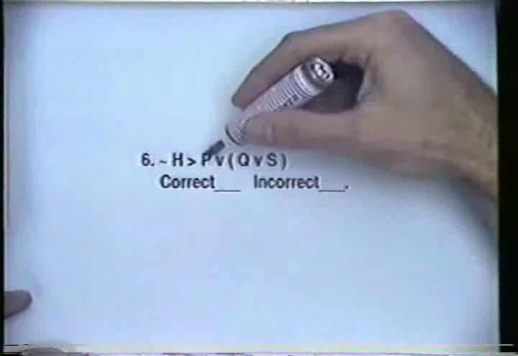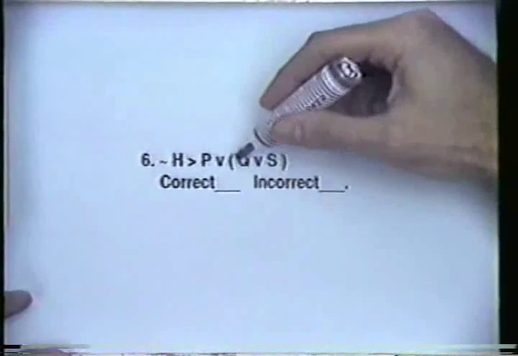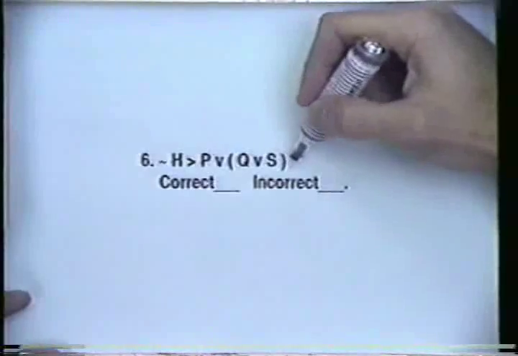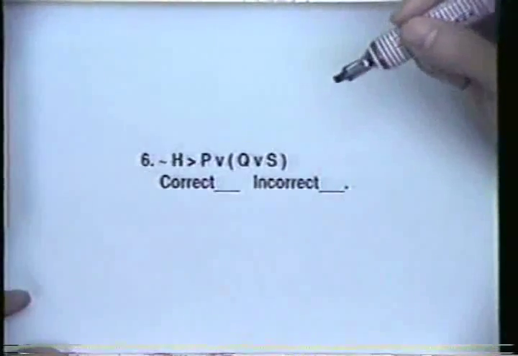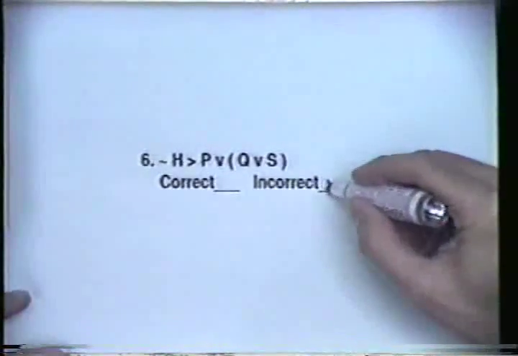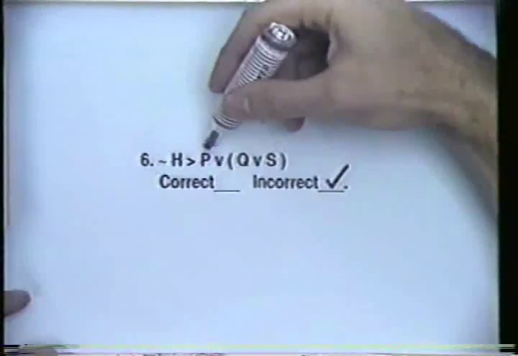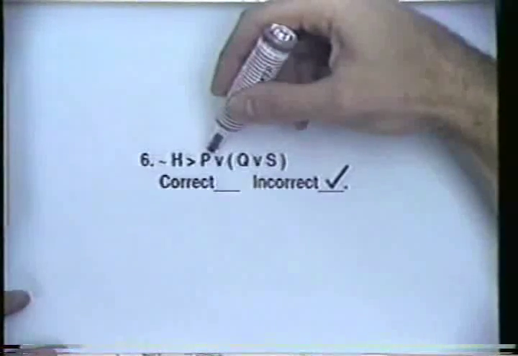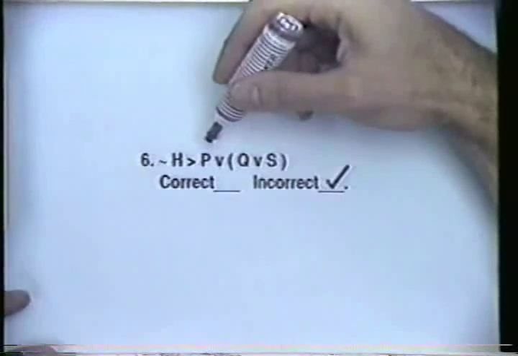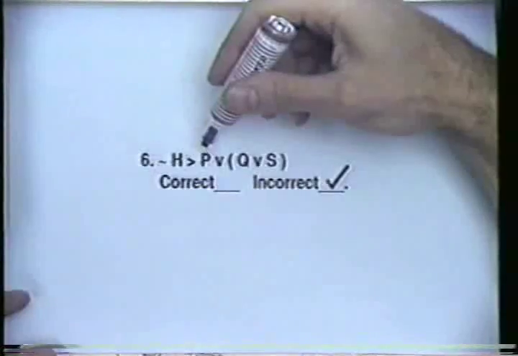Not H, hook, P, wedge, parentheses, Q, wedge, S, parentheses. This sentence is not quite right the way it is because notice these two elements here at the beginning. The sentence as it stands is ambiguous over at least two possible readings.